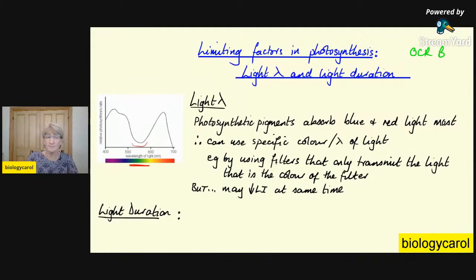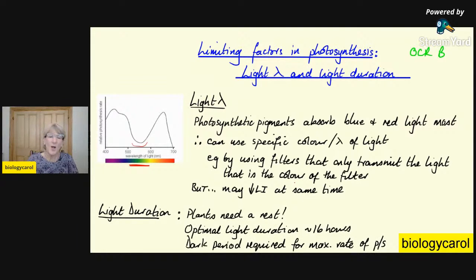Light duration, only OCR B need to know this, is that dear old plants need a rest. Picture those greenhouses with the lights on: the optimal duration of light that you can have plants illuminated for is about, I think I've said, 16 hours. Much more than that, and even if you've got the perfect light intensity, the rate of photosynthesis will go down.